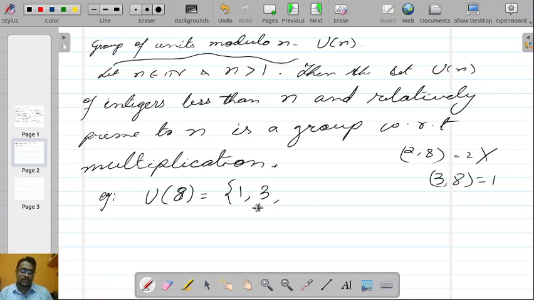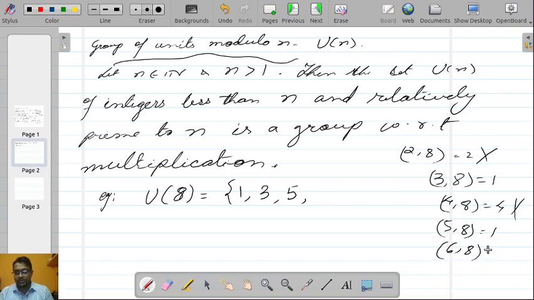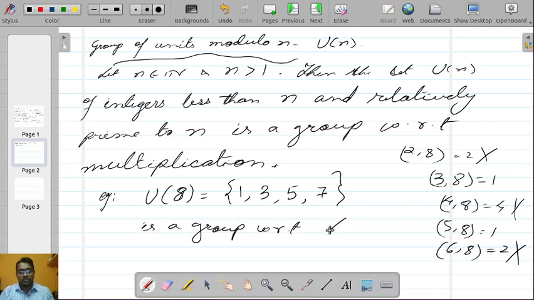So 3 is a member of this set. 4 is not relatively prime to 8 because GCD is 4. 5, GCD of 5 and 8 is 1, so it's relatively prime. 6 is not there because GCD of 6 and 8 is 2. But 7 is there, GCD of 7 and 8 is 1. So 1, 3, 5, 7 is a group with respect to multiplication modulo 8. That means A multiplied with B modulo 8 means the remainder when A into B is divided by 8.